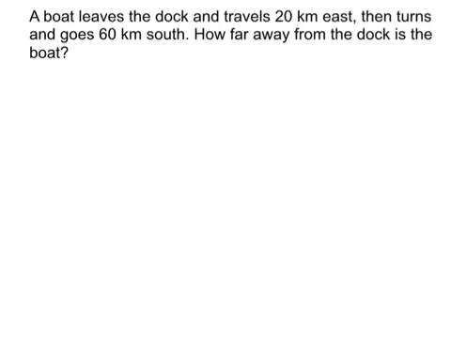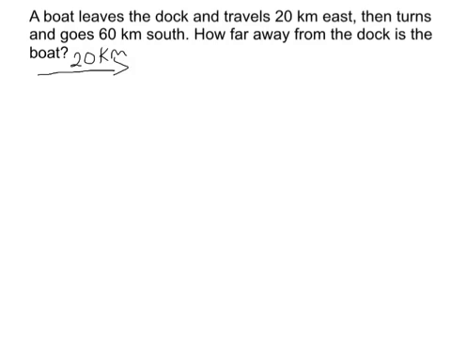So to draw my picture for this, the first thing I'm going to do is this 20 kilometers east. So I'm going to draw a line going east 20 kilometers. Actually, sorry, let me just put a little dot showing where we started from.